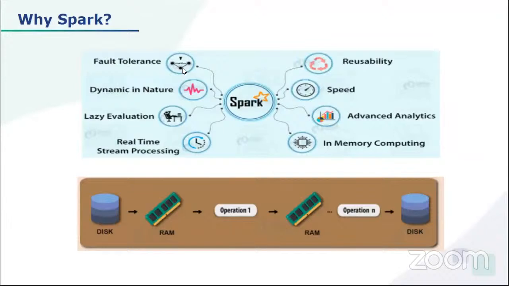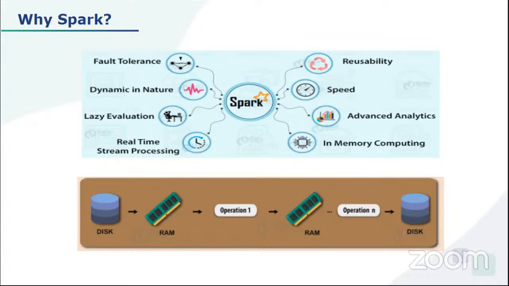RDD is a resilient distributed dataset. What makes it fault tolerant is that in the backend there are mechanisms such that it keeps replicas, so if one node or one worker fails, it can automatically manage it. It is dynamic in nature. Its reusability is high: there are multiple libraries available, and there is a big community for Spark.